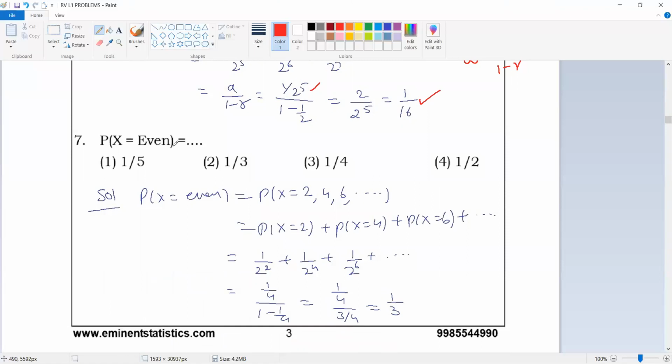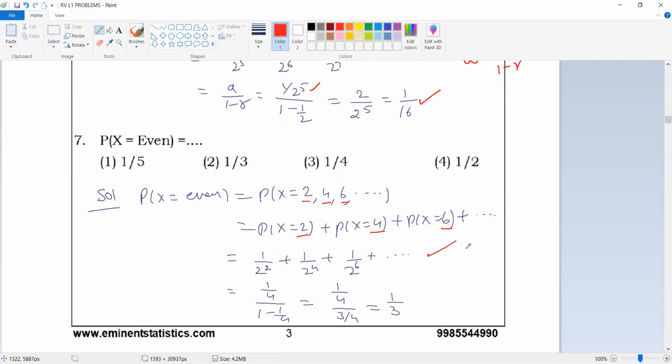Seventh one, probability of x equal to even. Here x takes values 1, 2, 3 and so on. Out of these natural numbers, even numbers are 2, 4, 6 and so on to infinity. So x equal to 2, x equal to 4, x equal to 6 and so on: 1 by 2 square, 1 by 2 power 4, 1 by 2 power 6 plus and so on.